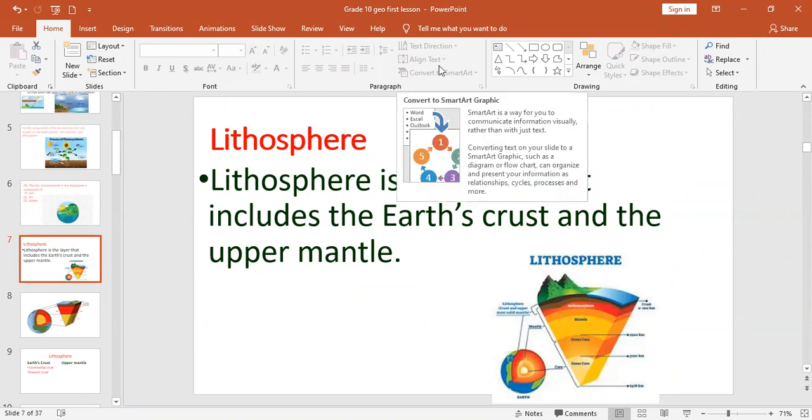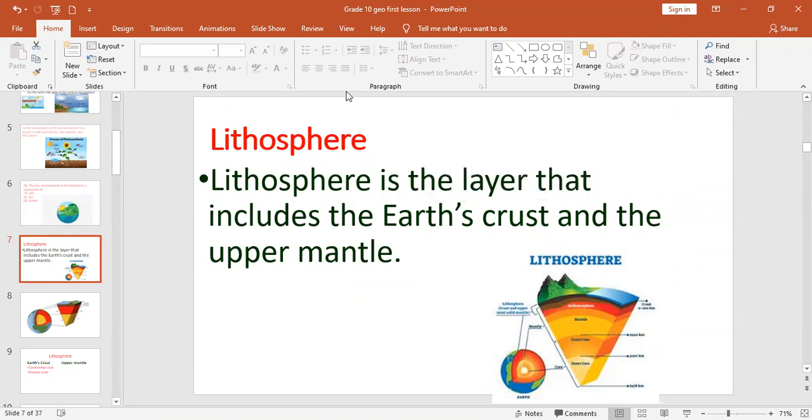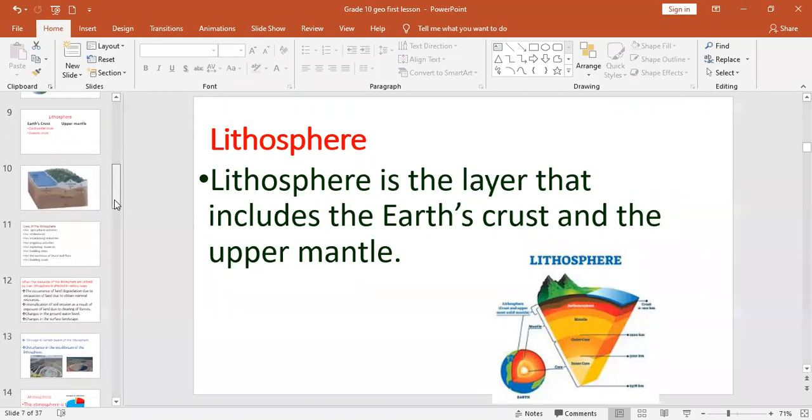Then we discuss the hydrosphere. Before this, we discussed the atmosphere, lithosphere, hydrosphere.